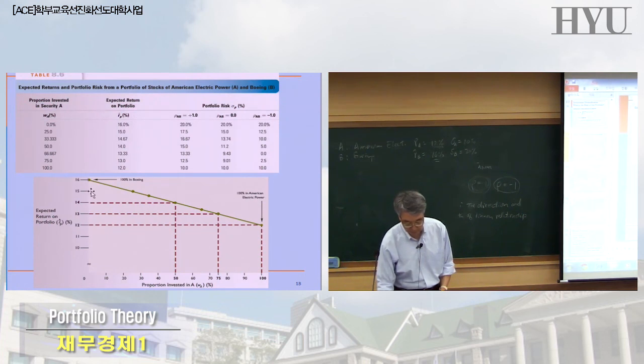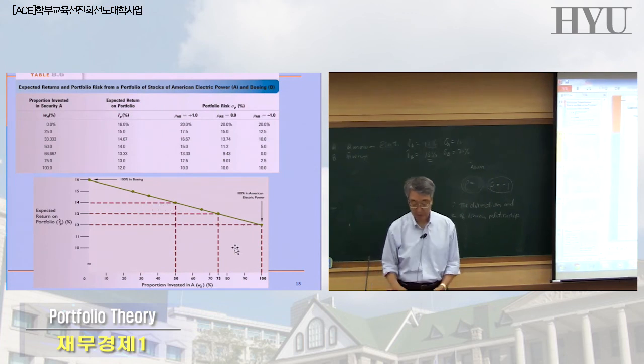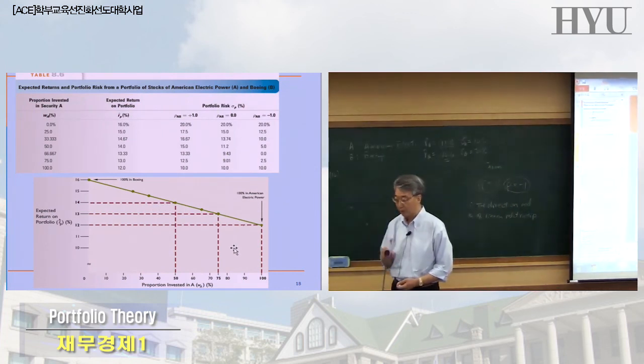And here's the graph, right? So if you put 100% in American Electric, then expected return is 12%. If you put 100% in Boeing, expected return would be 16%, and the rest, these combinations, are right on the straight line, okay? Because it's a weighted average, okay?